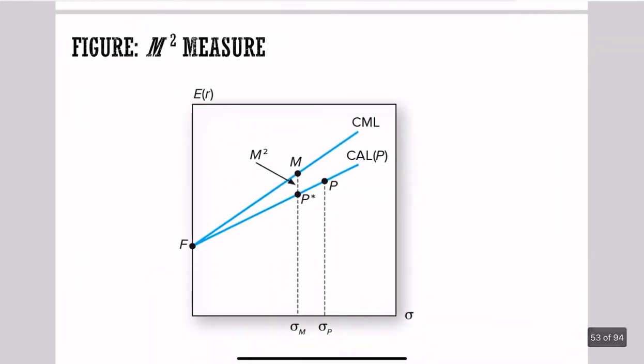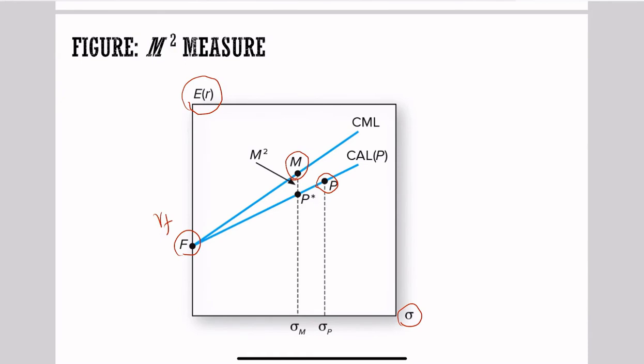Let's say you have a portfolio P and the market portfolio is here. The horizontal axis gives you the volatility or standard deviation. The vertical axis gives you the expected returns. Given expected return and volatility, one way to do the performance measure is to just calculate the Sharpe ratio. Here RF is the risk-free rate.